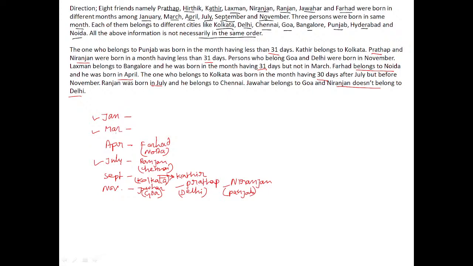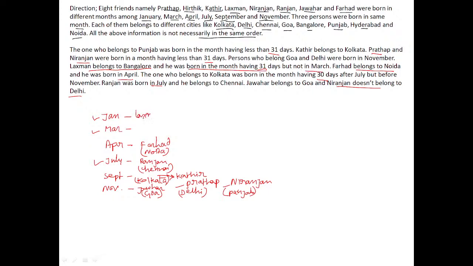So only two months are left here, January and March. Let's see. Lakshman belongs to Bangalore and he was born in a month having 31 days but not in March. Very specific data.